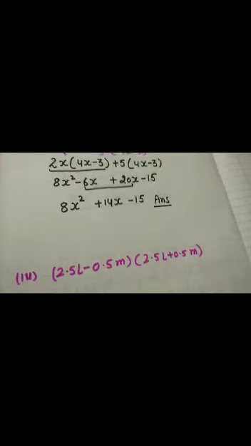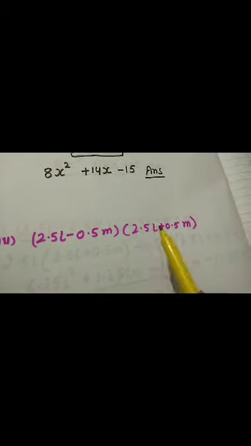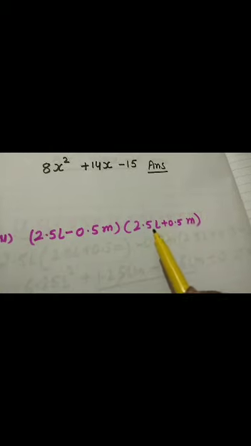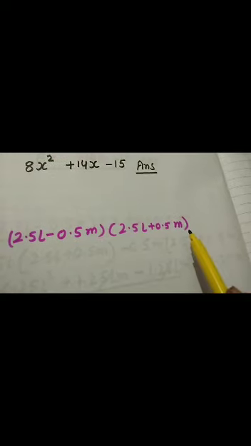Now I am taking its third part. It's 2.5L minus 0.5M. Second bracket we have 2.5L plus 0.5M. Now the procedure is the same.